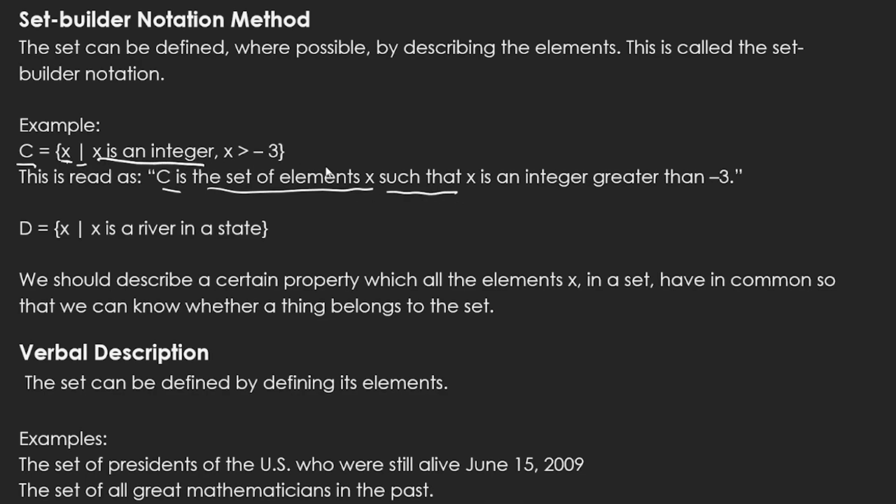X is an integer where X is greater than negative 3. Another example would be D is the set of element X such that X is a river in a state.